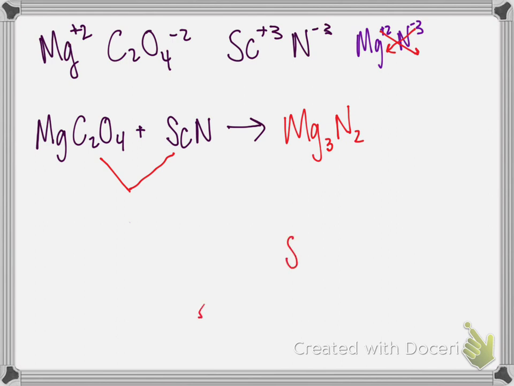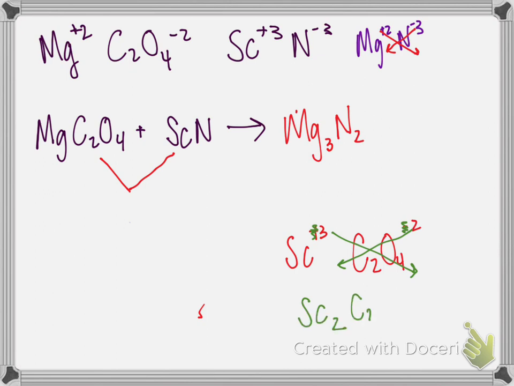Scandium is Sc +3, oxalate is C2O4 -2. So how will these fit together? We're going to ignore the plus and the minus. Crisscross.